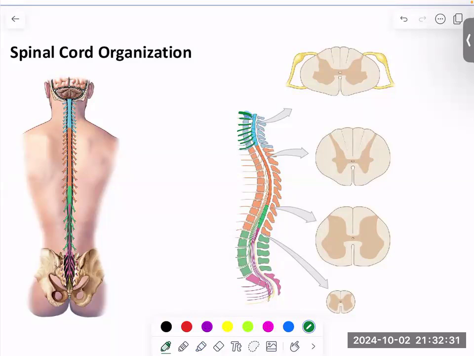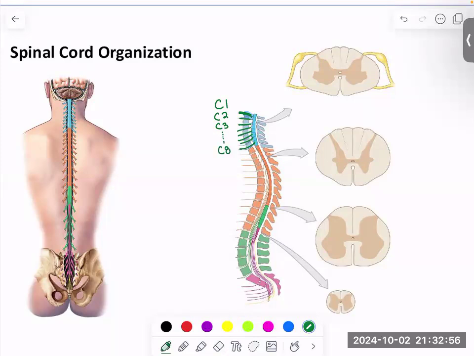So you have cervical 1, C1, spinal nerve. That's a spinal nerve. You have C2, C3. How many spinal nerves are cervical, folks? That's a trick question.